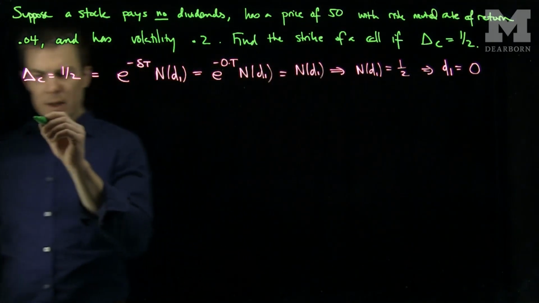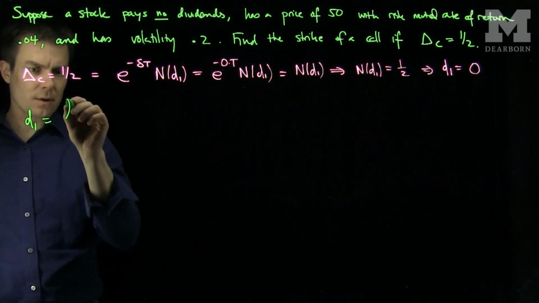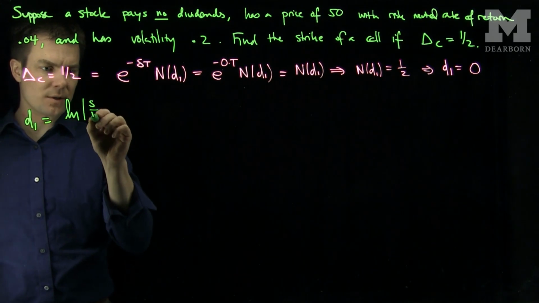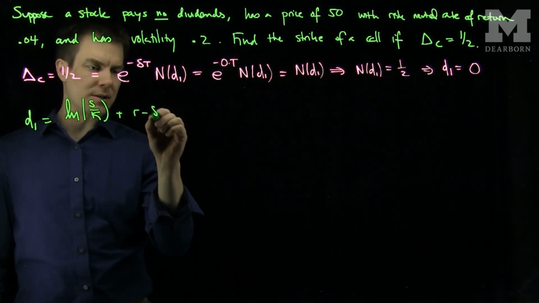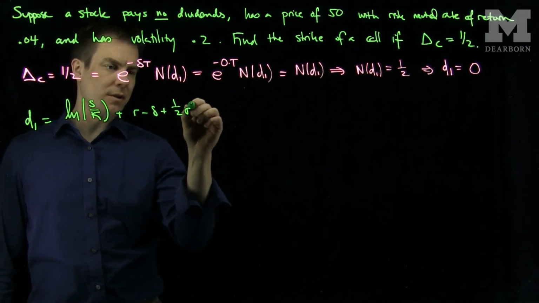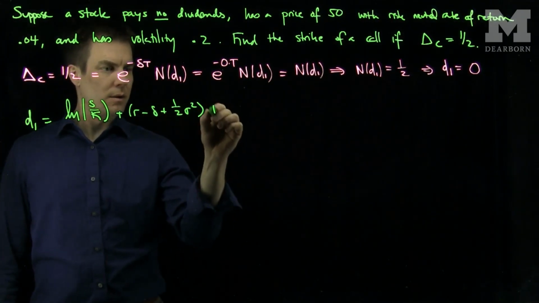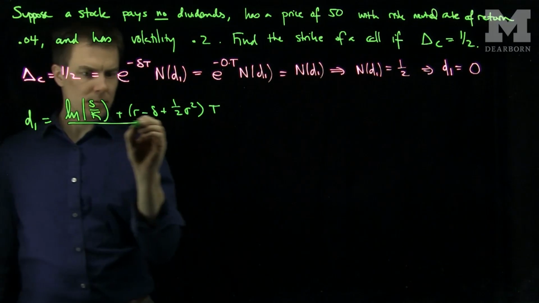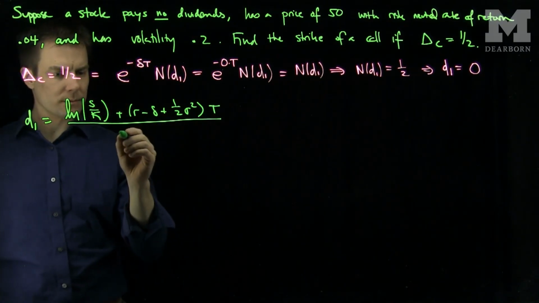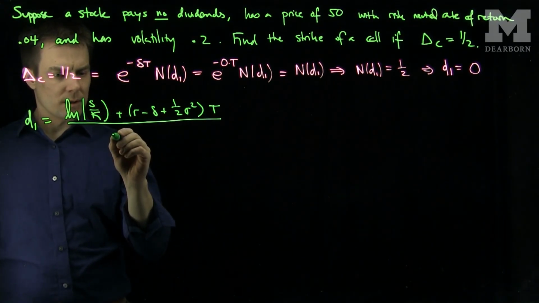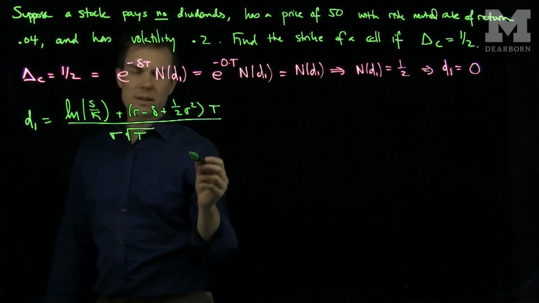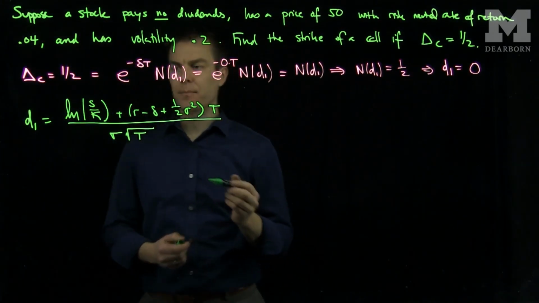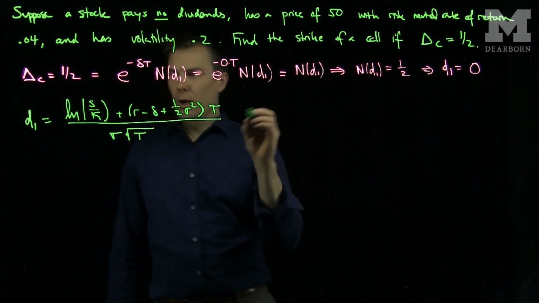So we know that d1 is the log of S over K plus r minus delta plus 1/2 sigma squared t, all over sigma square root of t. And if it was at time t, I put a T minus t here. So we simplify this.